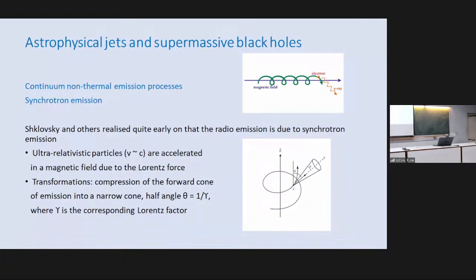Okay, and as she pointed out, the opening angle is 1 over gamma, but we sort of discussed that this is no issue in terms of predicting the jet because you have a whole range of energies, you have a whole range of pitch angles between the field and the source, and also the field is random, so emission will come out in different directions.